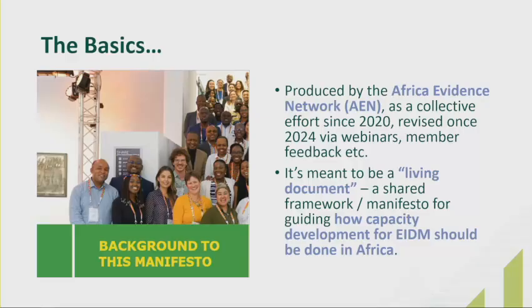One of these evidence events in 2020 was when we had to develop it. And then afterwards, it's been worked on towards a revised version. So what we have now is version 2, which was produced last year.